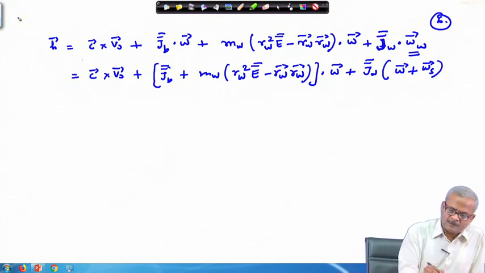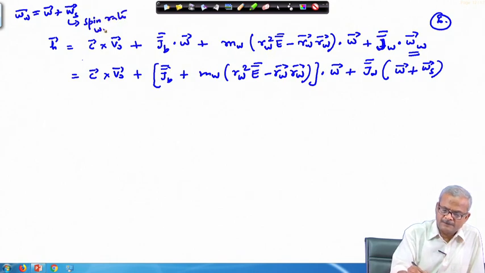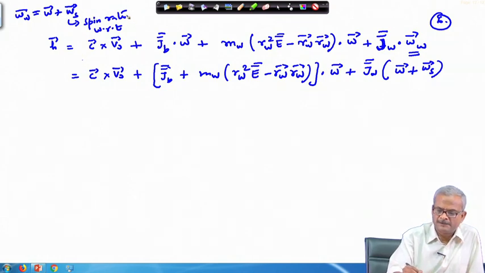So, omega w equals omega plus omega s, where omega s is the spin angular velocity with respect to the main body.